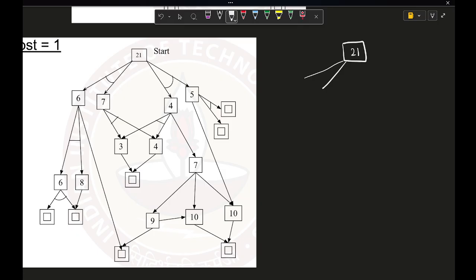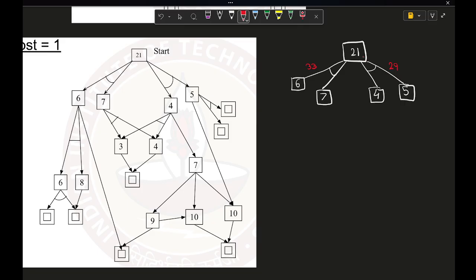We have two AND nodes here, this being a 6, this being a 7, this being a 4, this being a 5. So here we know that the cost is 6 plus 7, 13 plus 20, 33, and here the cost is 4 plus 5, 9 plus 20, 29.